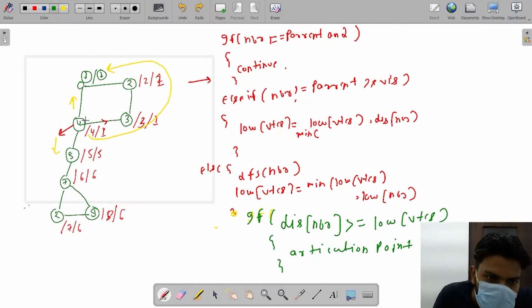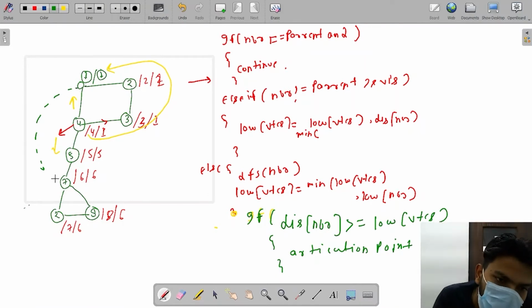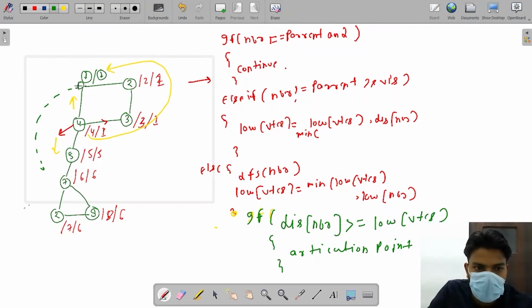Because when we find the low value of this, it is 1. It means it cannot be connected at this stage. After the fourth vertex, it cannot be connected, which is what the low value represents. The low value of the zeroth node represents that it cannot be connected at this stage. So if we remove this, it cannot connect here, so the graph is divided into two parts.